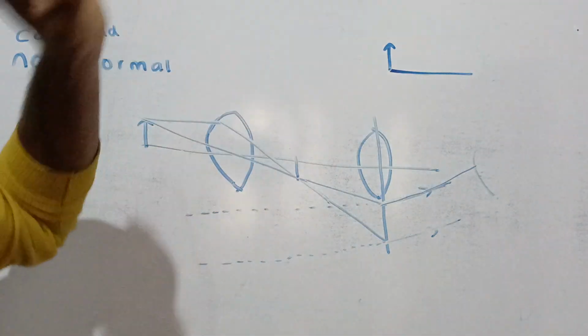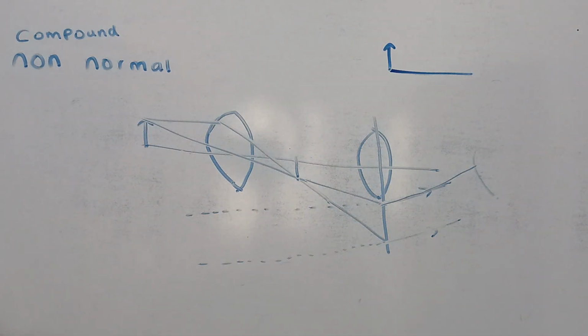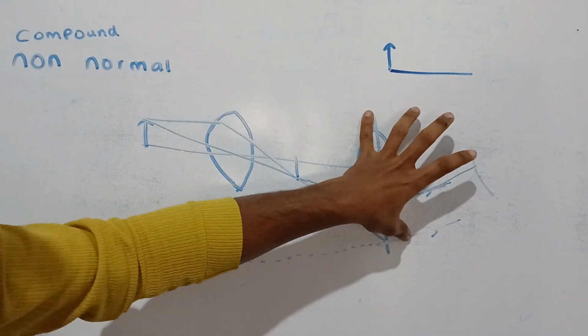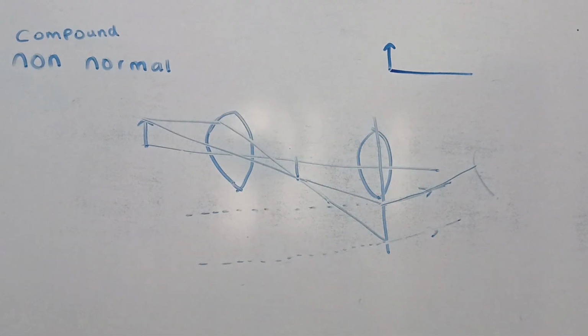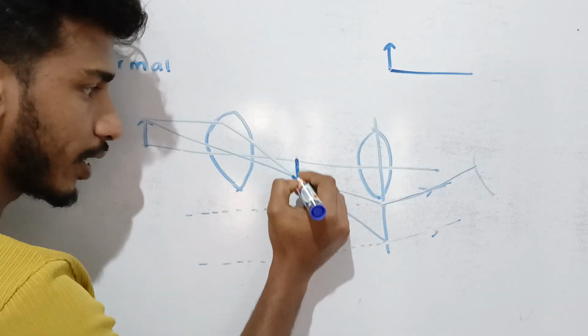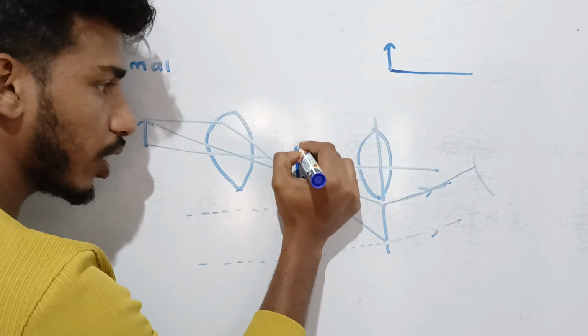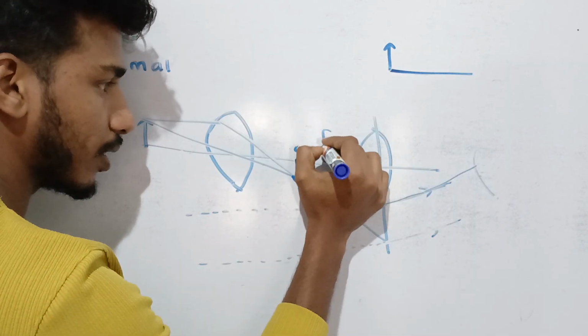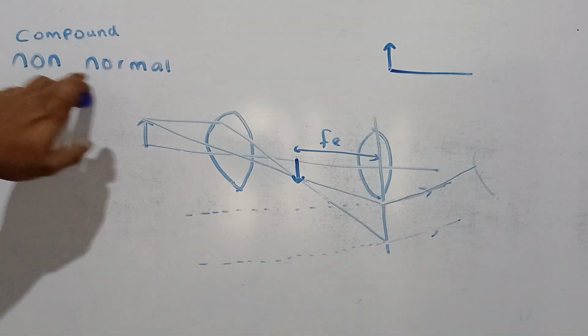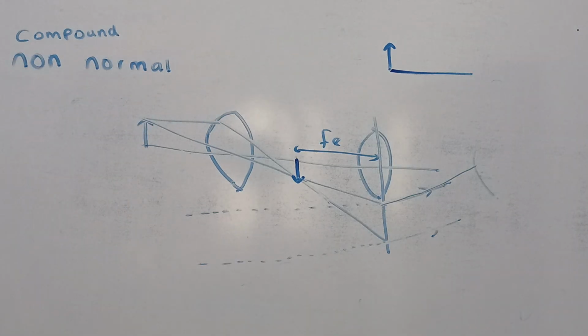Then when it is placed at the focal point, you will be having a virtual image. Now you can see the virtual image is created by this lens. So you should understand, the object is placed at the focal point of the eyepiece. That's the thing you should understand when it is in a non-normal adjustment for a compound lens.